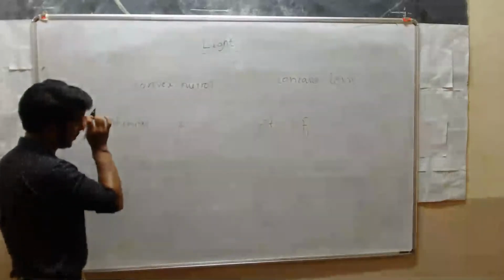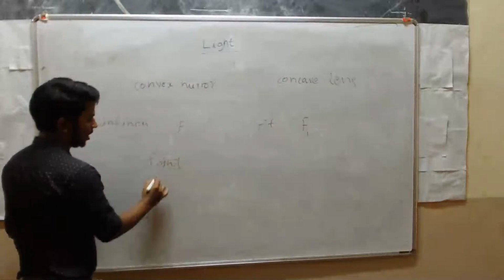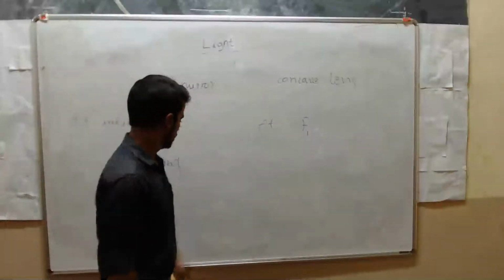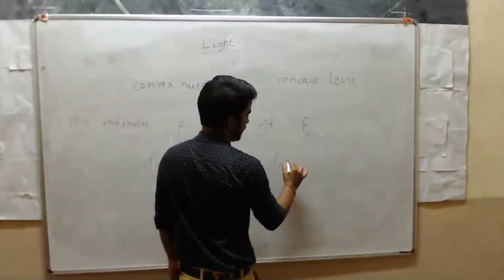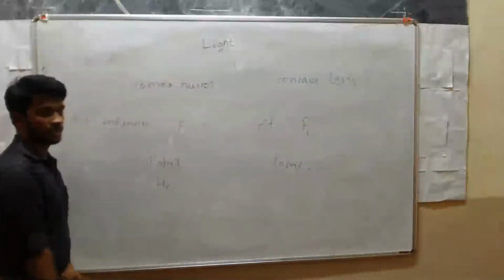What about size? Here the size of the image is point-sized or highly diminished. What about here? Here also the size of the image is point-sized and highly diminished. What about nature?